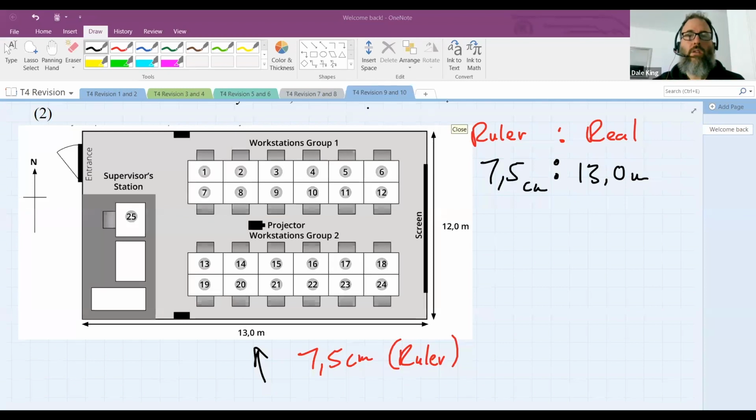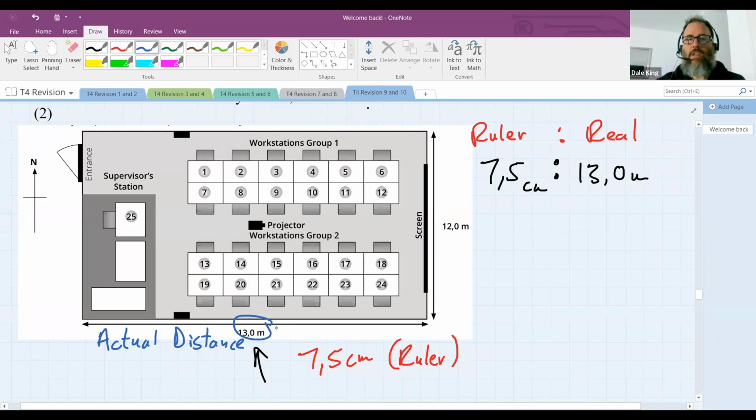Yes, the real one, and the question said the actual distance. So I'm going to write it here in blue. They said use the actual distance or length of this room, which is 13 meters.